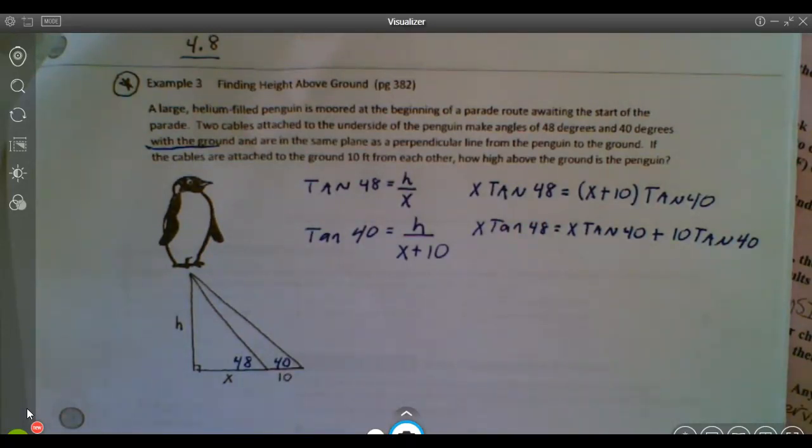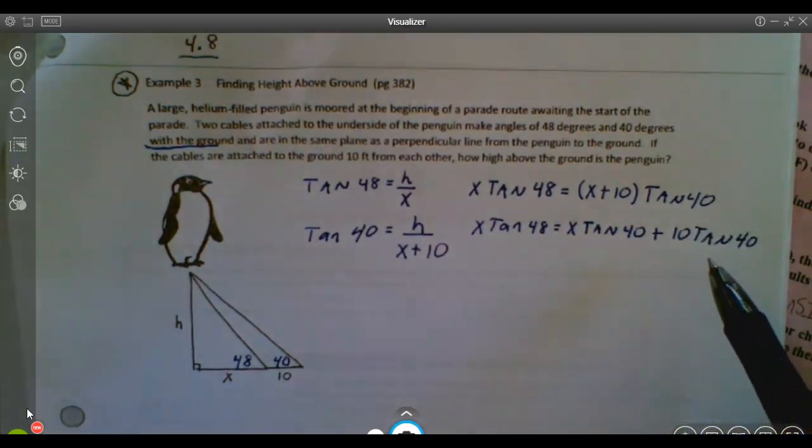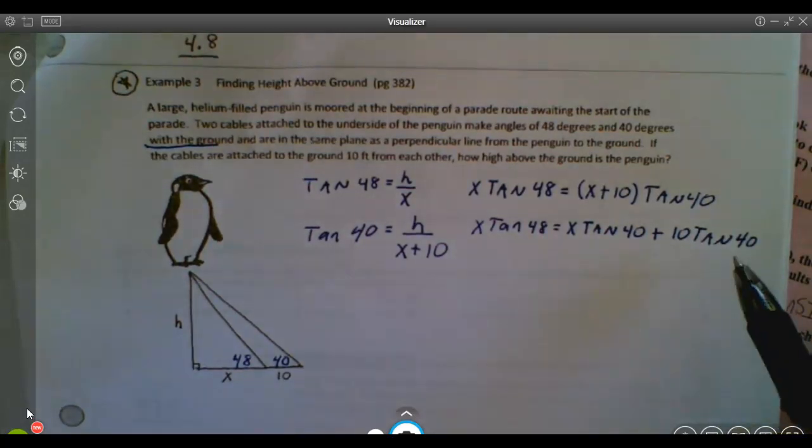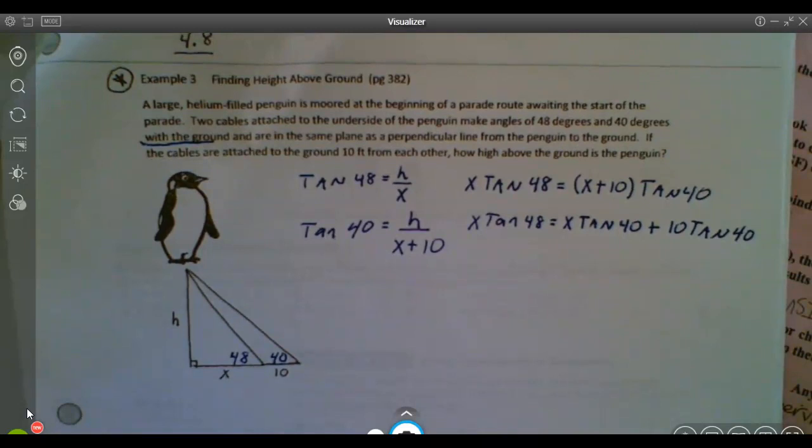Typically, they don't like us to use the calculator until the very end because they want us to keep numbers as exact as possible. So that's kind of the goal. I'm doing the same thing. When I see something like 10 tan 40, that's just a number. I could type that into my calculator and change that to a decimal if I really wanted to, but I'm going to hold off until the end.